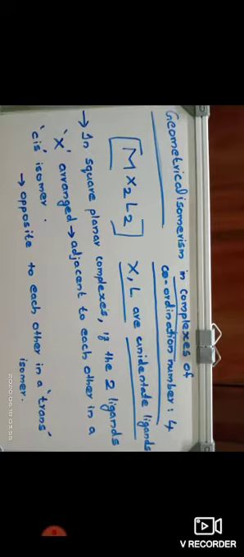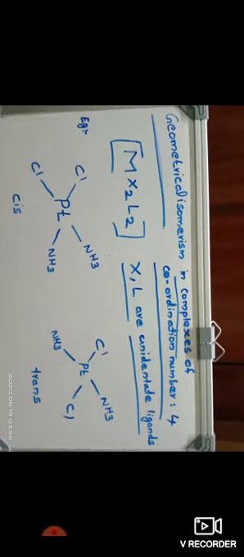In square planar complexes, if the two X ligands are arranged adjacent to each other, it is a cis isomer, and if X is opposite to each other, it is a trans isomer. It is clearly written here. In this example, the central metal atom is platinum, Pt. Ligands are NH3, ammonia, and chloride ion, Cl minus.